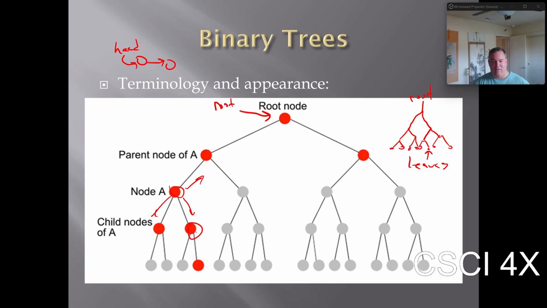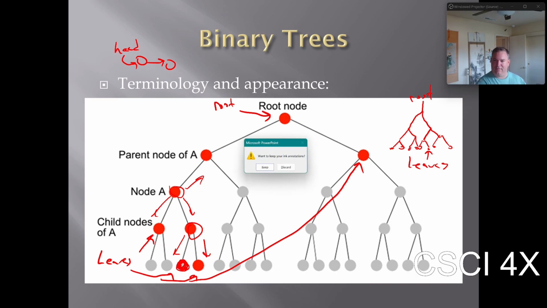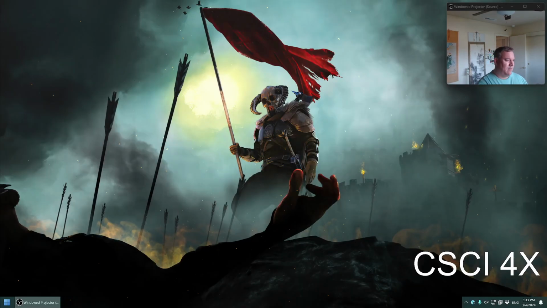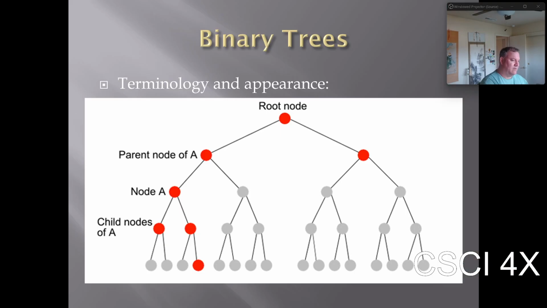And this guy's got a child here and a child here, assuming that's actually a child and not a null pointer. And then the very bottom level are leaves. So here we have leaves here, here, here, and here. A leaf means that it has no children. Which I guess is technically true of a tree. Maybe? I don't know. Does a leaf mean it has no children?